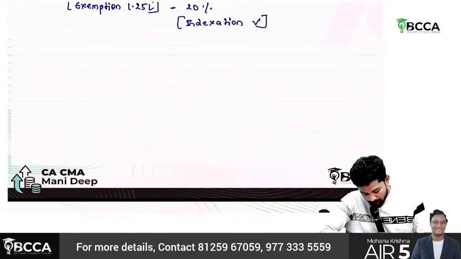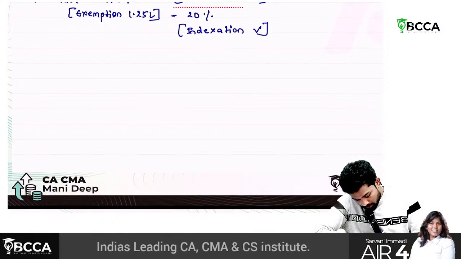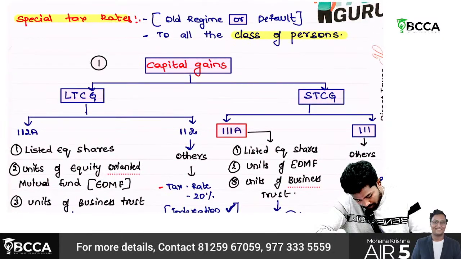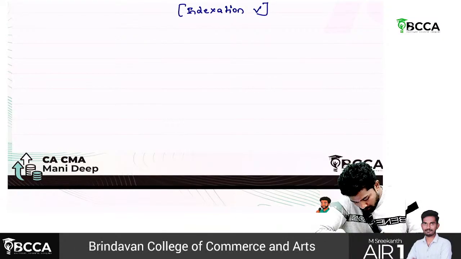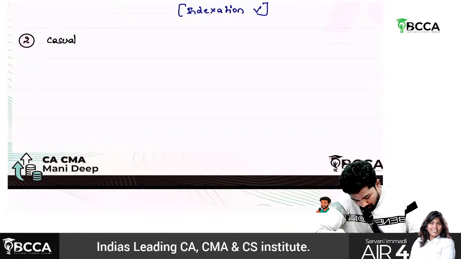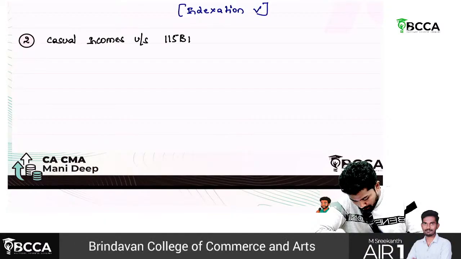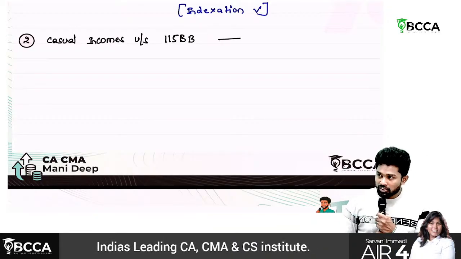Then the other special rate income, sir, that also we will complete here. Casual incomes. What is called casual income, sir? Casual incomes under section 115BB. Lottery, betting, gambling.